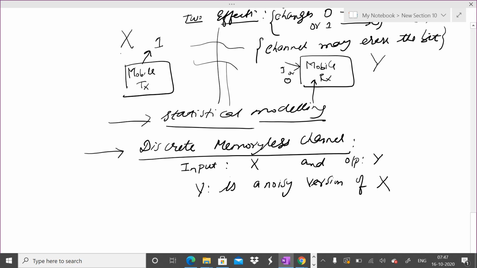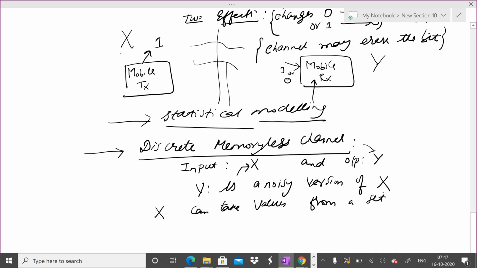Whenever the transmitter transmits something and puts it on the channel, the receiver will receive correspondingly y. And x can take values from a set.